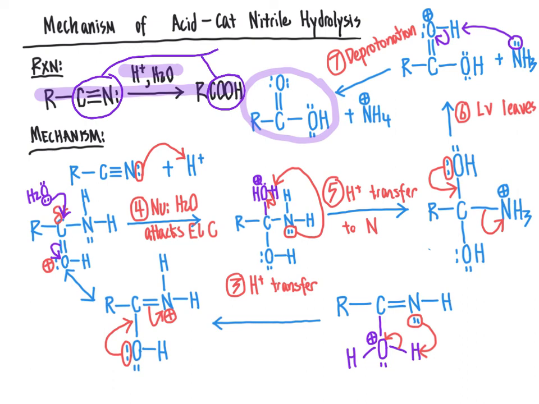So it's a nucleophilic acyl substitution reaction where the nitrogen is being swapped out with the OOH group, the carbonyl group and the hydroxy group of our carboxylic acid. And we're going through that via a series of the electron transfers that we see in this relatively long mechanism.